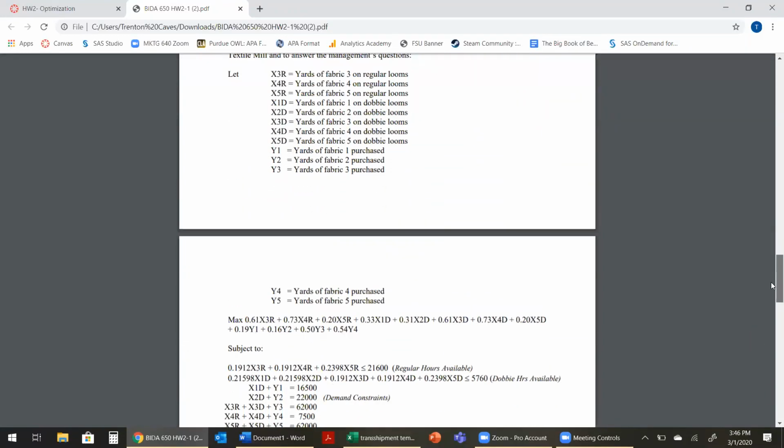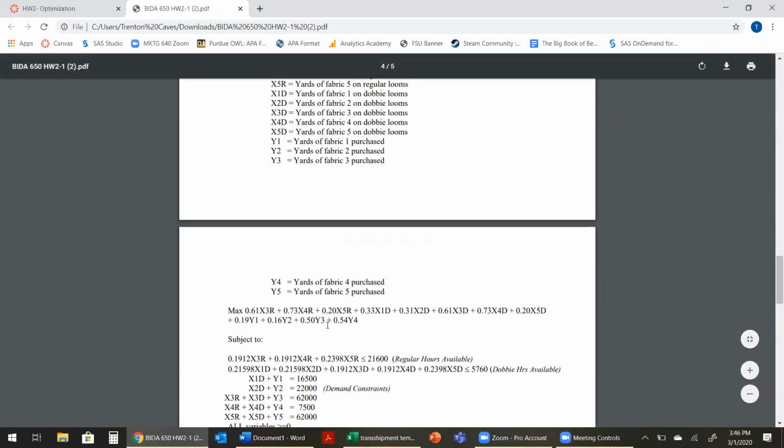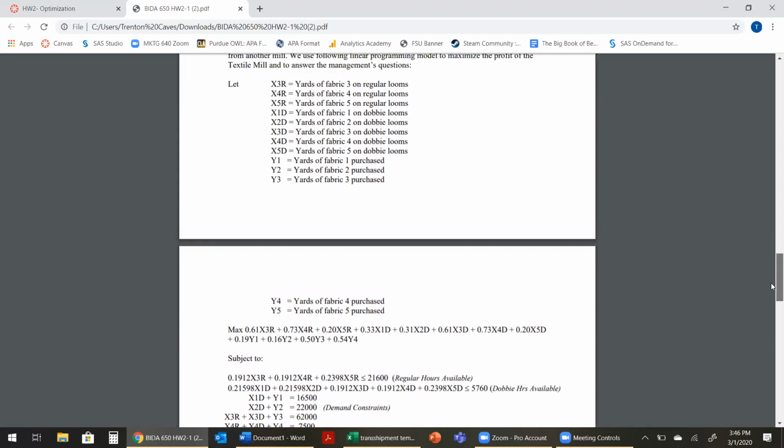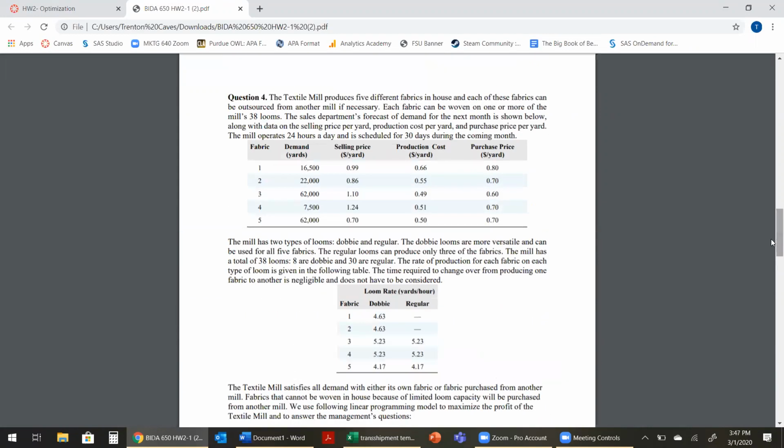So one thing to note is our objective coefficient ends at Y4. Because if you look back, Y5 is yards of fabric 5 purchased. And in our main question, the purchase price of fabric 5 is 70 cents and our sales price is 70 cents.